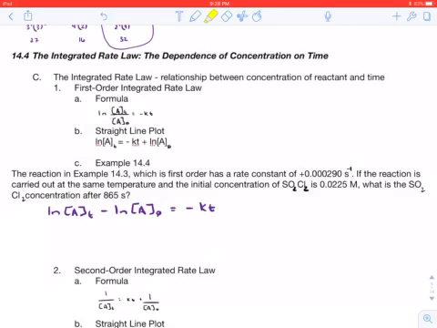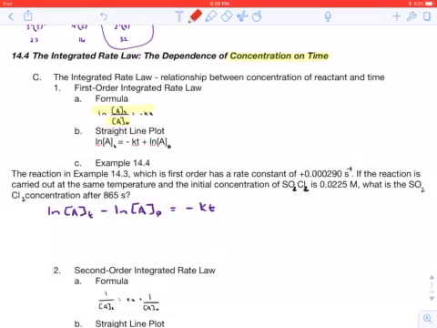The integrated rate law. Remember, this is the dependence of concentration on time. So we're going to see how concentration is affected by time instead of the other way around, how time affects concentration. For our first order integrated rate law, we have the formula: the natural log of A sub t over A sub 0 equals negative kt.